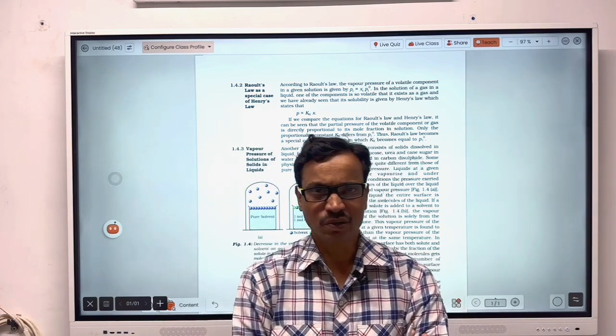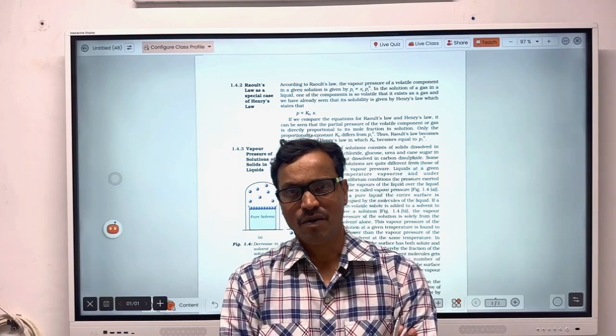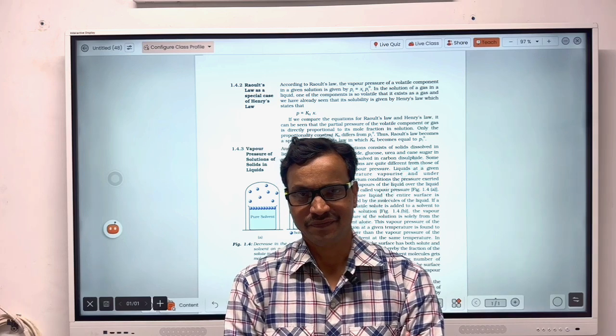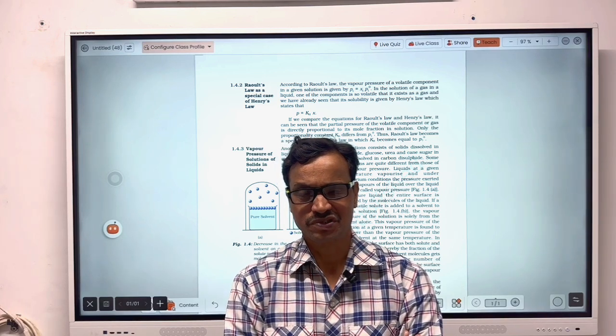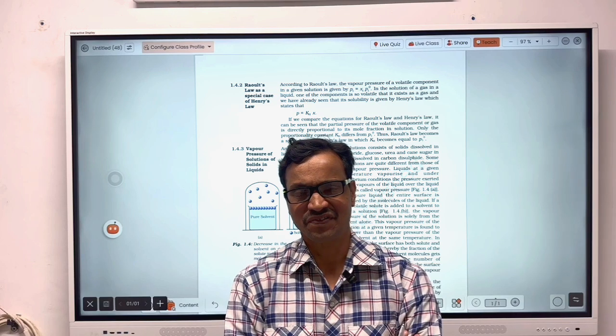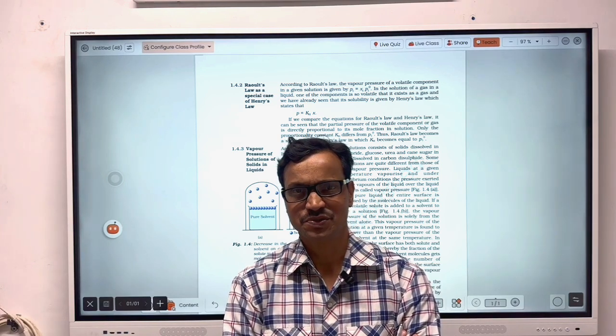And Raoult's law states that the mole fraction of any liquid will be directly proportional to the partial vapor pressure of that liquid over the solution.